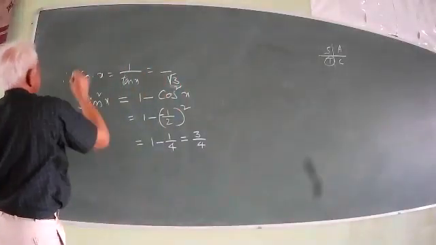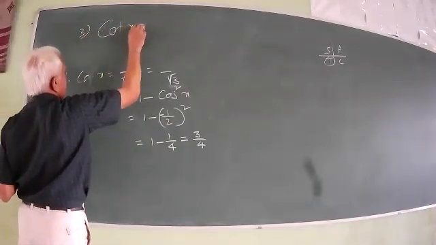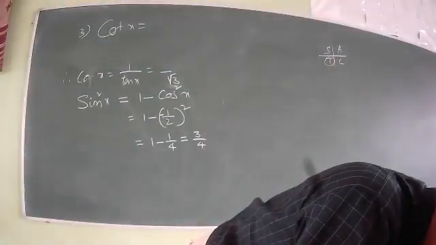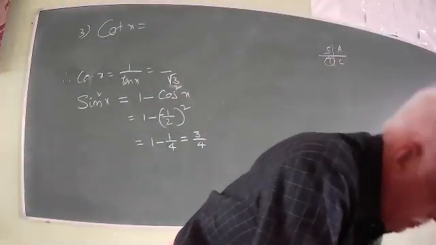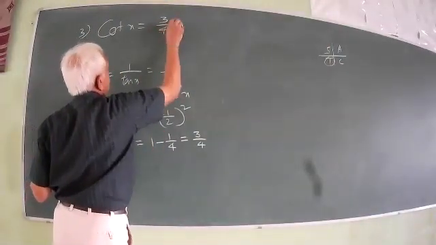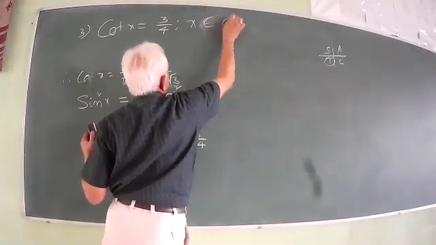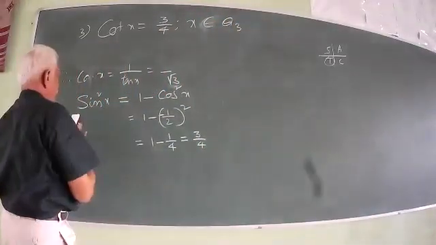Third problem: cot x is equal to 3 by 4, and x belongs to Q3.